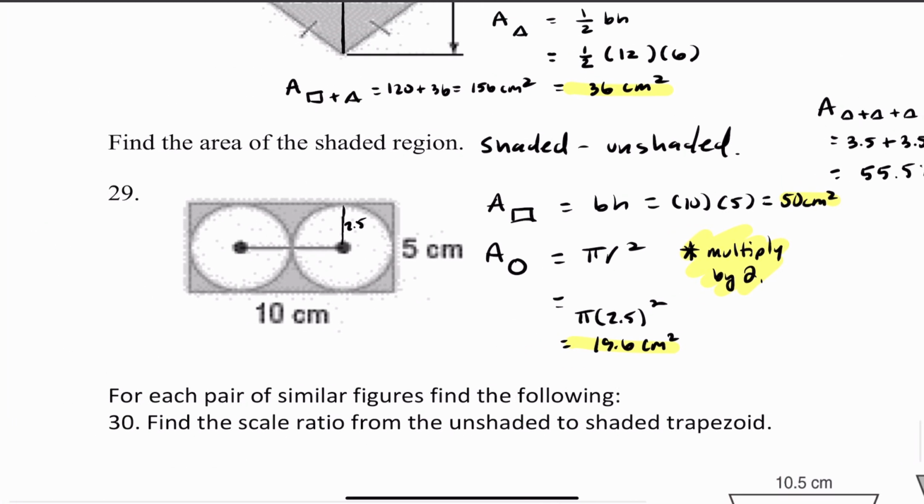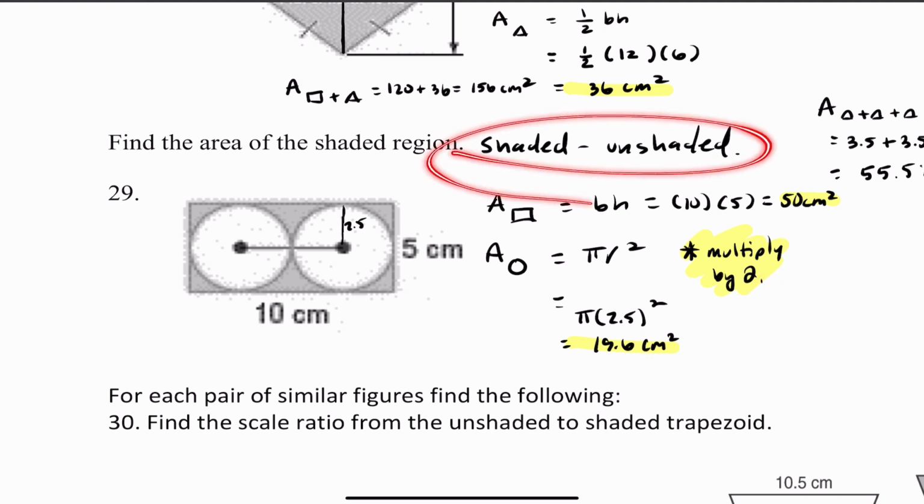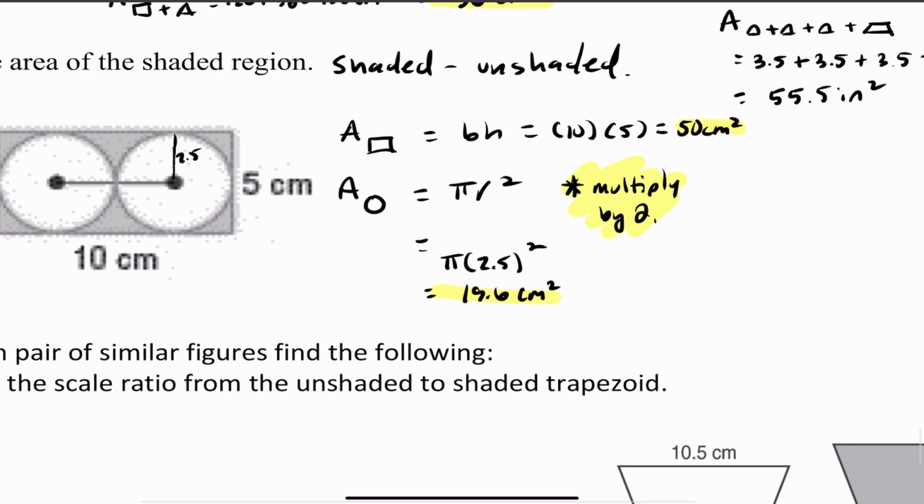So once again, it's shaded minus unshaded. So what I'm going to do before I put these numbers into this little formula that I created here, I'm going to multiply the 19.6 by 2.